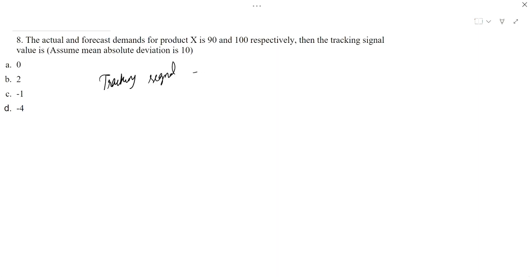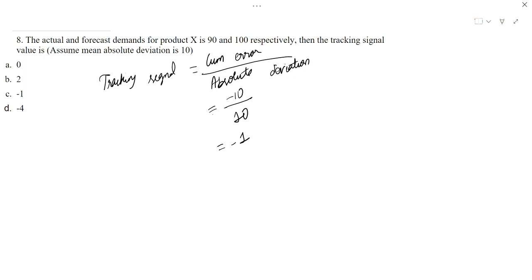Tracking signal is cumulative error by absolute deviation. Now the cumulative error here is minus 10 and absolute deviation here is 10. This means the answer is minus 1.